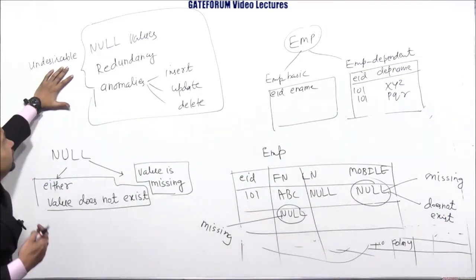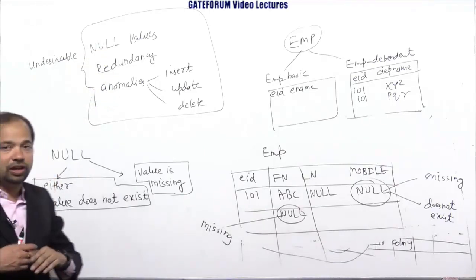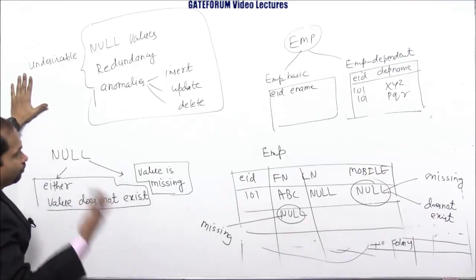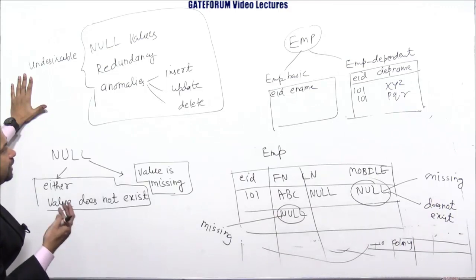So we want these three things to be minimal, and normalization will guide you through the process. If you follow the guidelines of the various normal forms, we will end up with a better design.